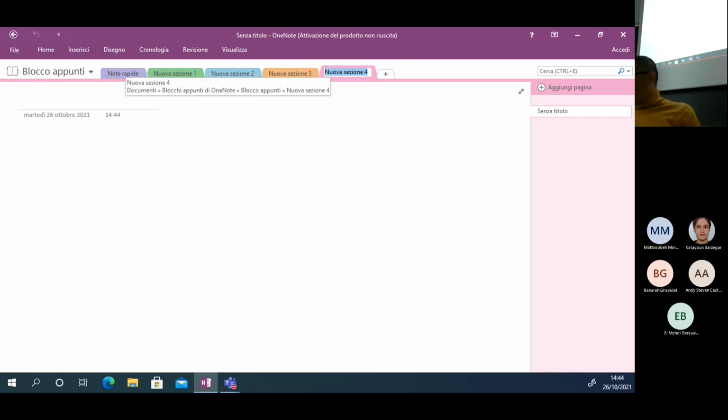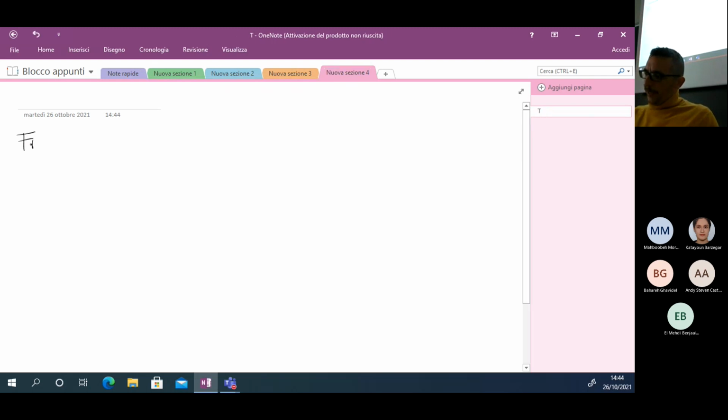Then we will start a new section, and we'll talk about the Fredholm equation.